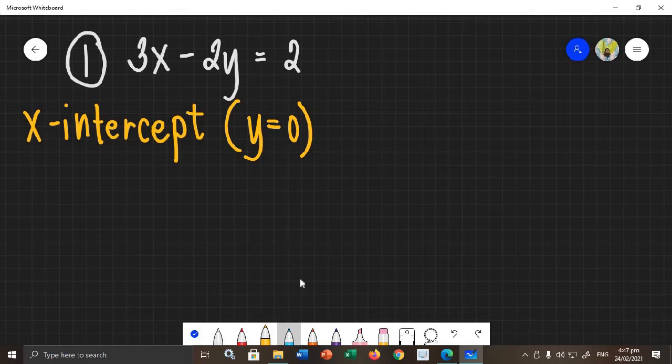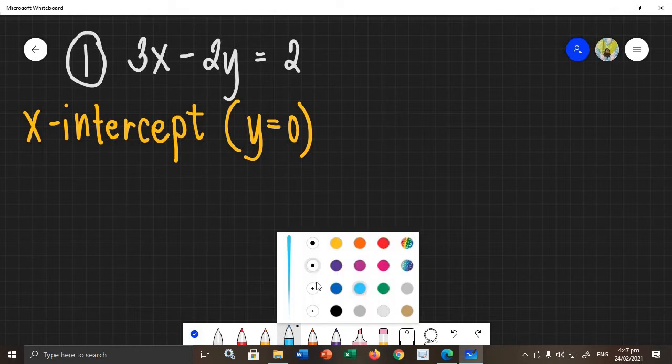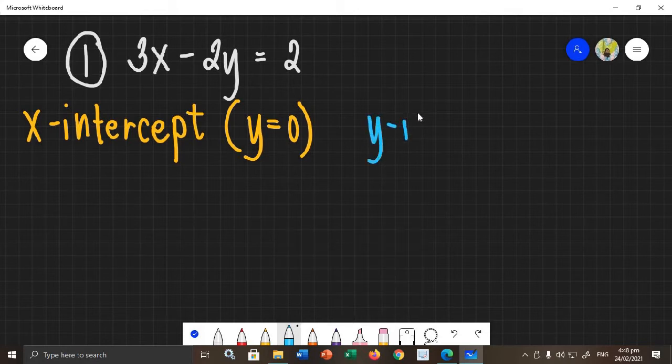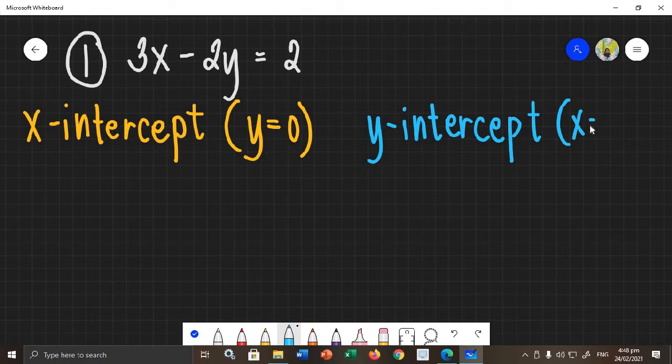And then when we look for the value of the y-intercept, ganun din. So we will assume naman na the x in the linear equation is always equal to 0. Para ma-solve natin yung x-intercept and y-intercept ng given linear equation natin. So let's solve first the value of the x-intercept.